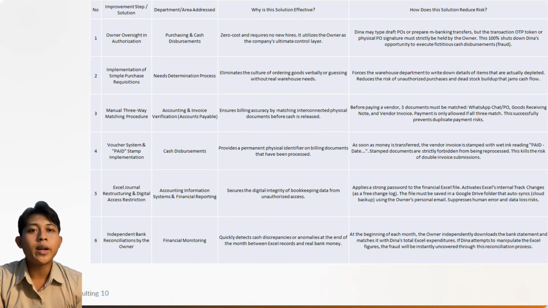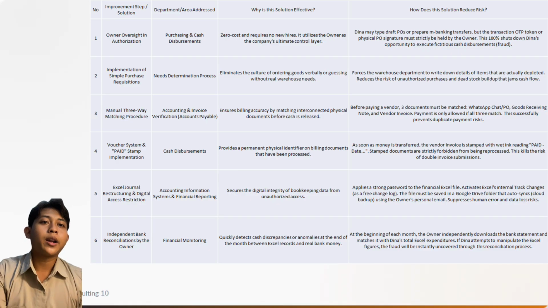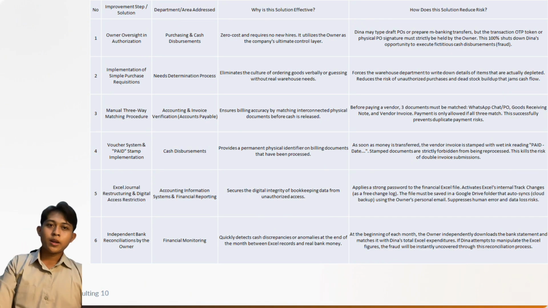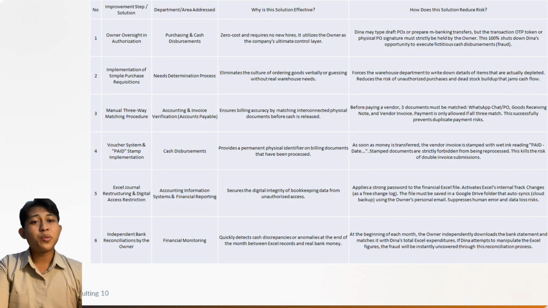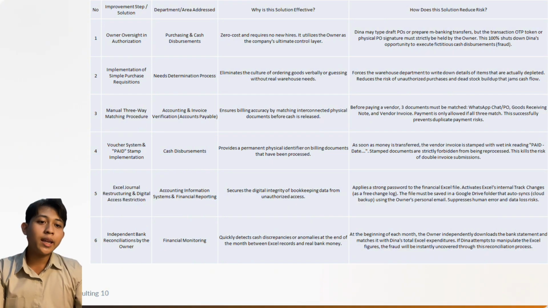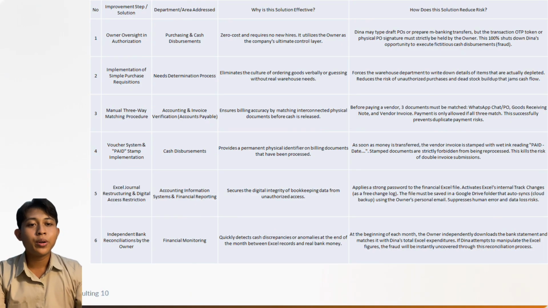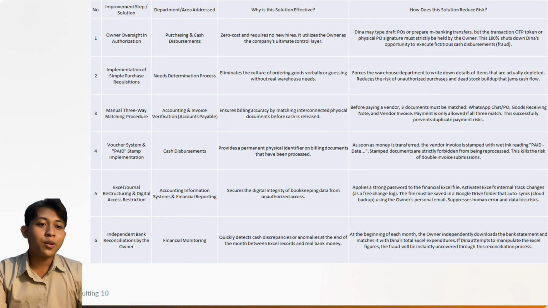And then the last one is independent bank reconciliation by owner. This financial monitoring should quickly detect cash discrepancies or anomalies at the end of the month between the Excel record and real bank money. How does the solution reduce risk?